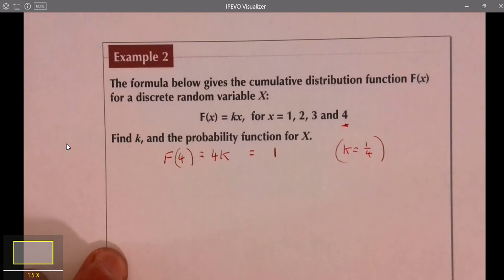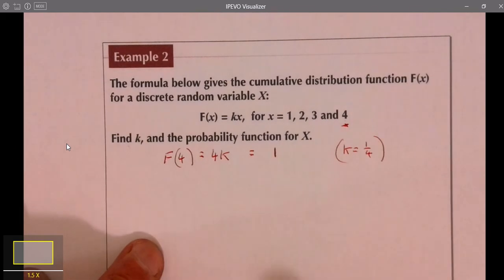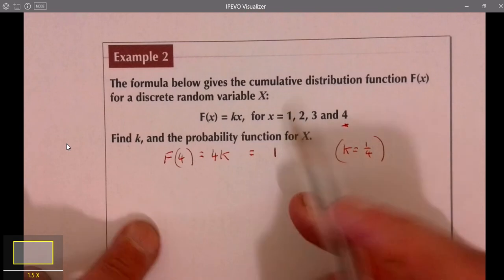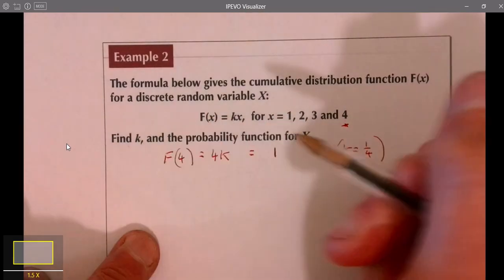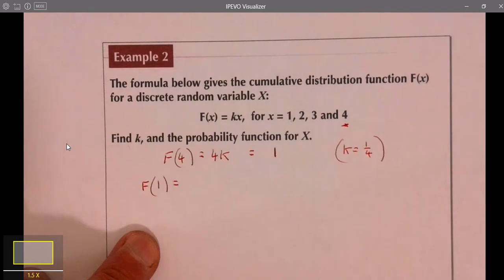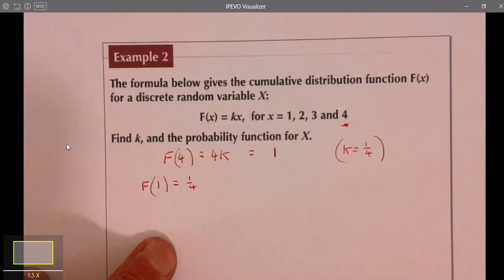Now we're going to try and actually construct our probability function. We can put it into a table if we want to. How are we going to do that? The easiest thing to do is probably to come back to the first one. We know that that is equal to a quarter.